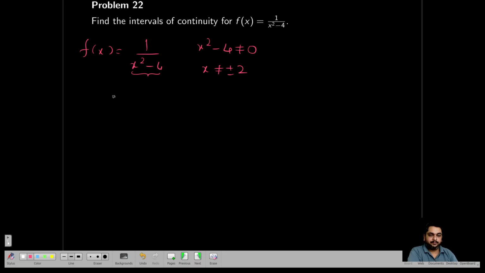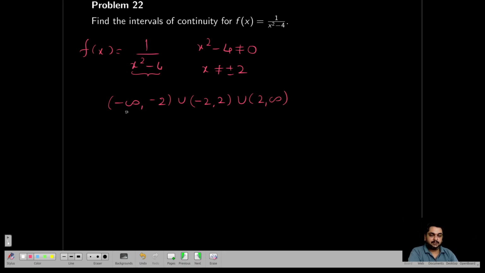What are the intervals? Minus infinity to minus 2, where minus 2 is not included, then union minus 2 to plus 2, then union 2 to infinity.